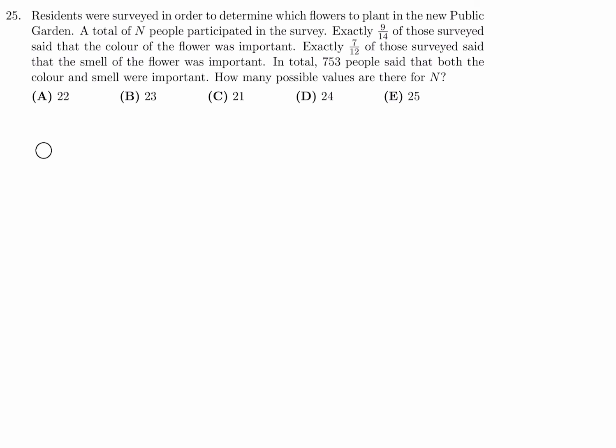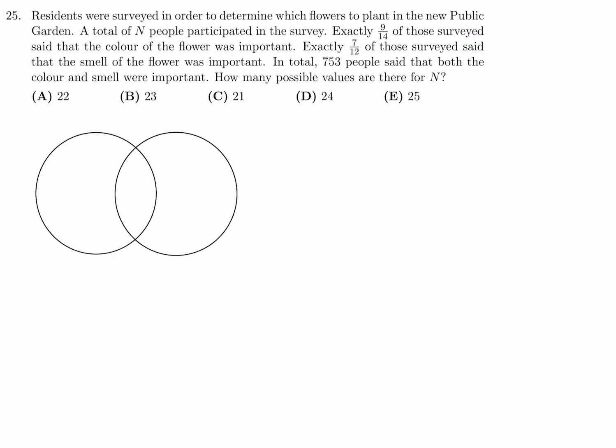Well, we need to create a little bit of a Venn diagram. And don't worry, it's not that bad. And I'll explain what I'm doing here. So first and foremost, let's talk about the fact that we have N as our total number of people participating.